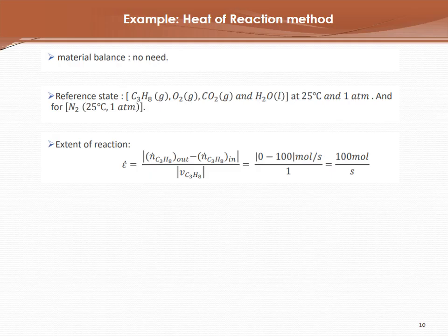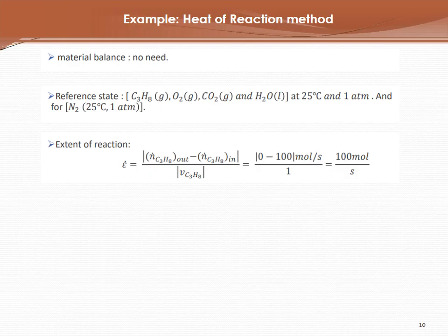The formula for Z, the extent of chemical reaction, is the output flow rate minus the input flow rate, divided by the stoichiometric number that you take from the balanced equation. There is no propane leaving the reactor because all of it is getting burnt, and 100 moles per second is entering the reactor. The stoichiometric number from the chemical equation is 1. So your extent of chemical reaction is 100 moles per second.